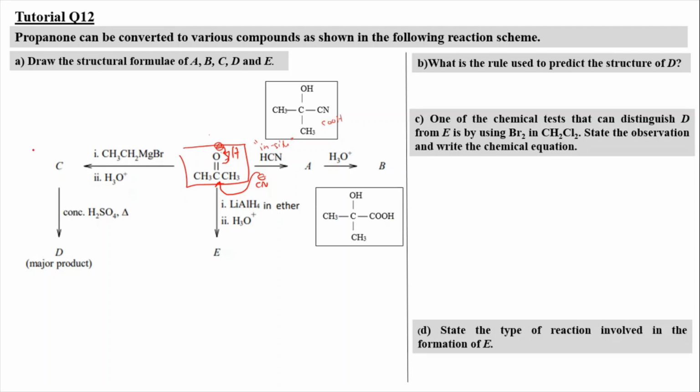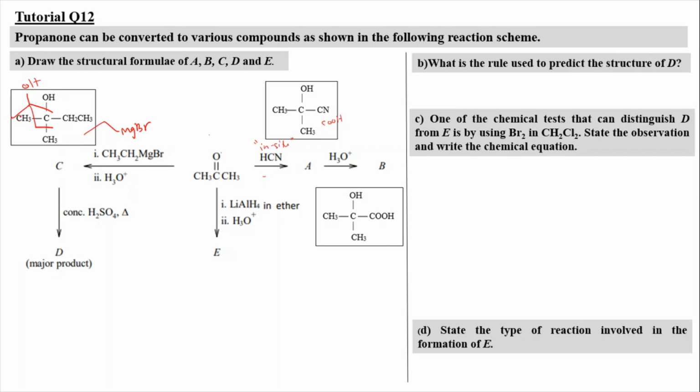Okay, now we're gonna look into structure C here. So here is a ketone. When it reacts with a Grignard reagent of MgBr, what we're gonna form is the tertiary alcohol with a structure like this.